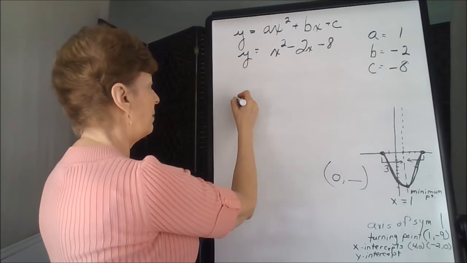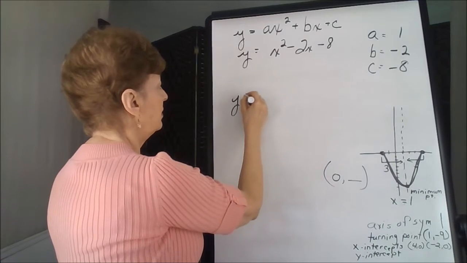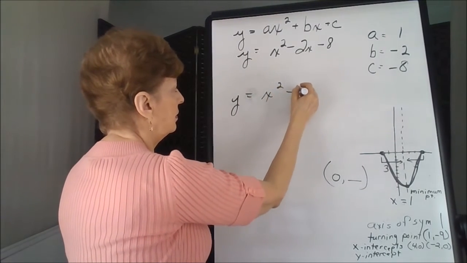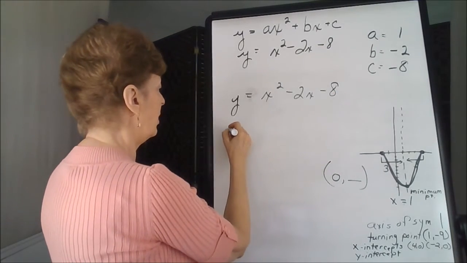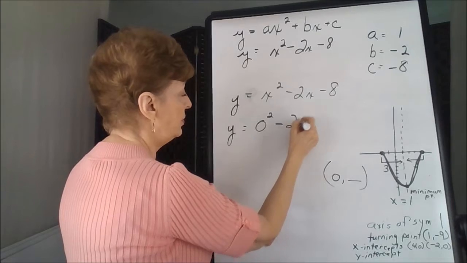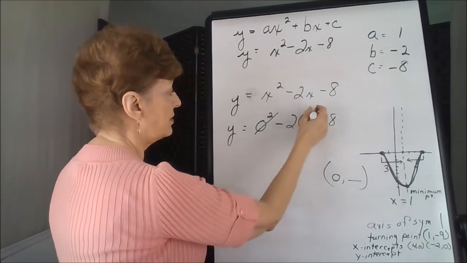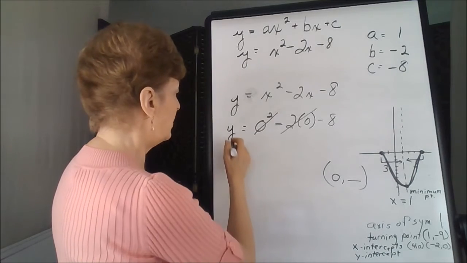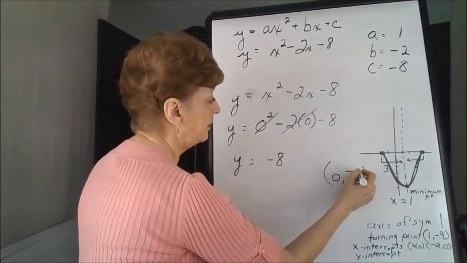So we just put that back into our formula. This is an easy calculation. And go y equals 0 squared minus 2 times 0 minus 8. Well, our zeros cancel out, so we have y is equal to -8, and there we found it.